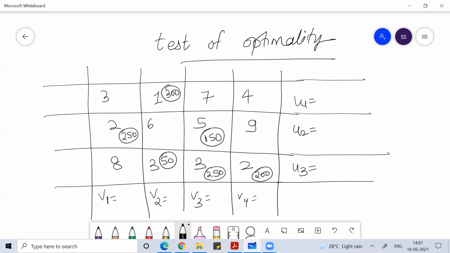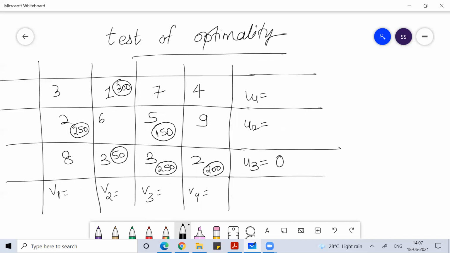First row has 1 allocation, second row 2, third row 3, first column 1, second column 2, third column 2, fourth column 1. So you can see that the third row has the maximum allocation. Put that U value equal to 0.